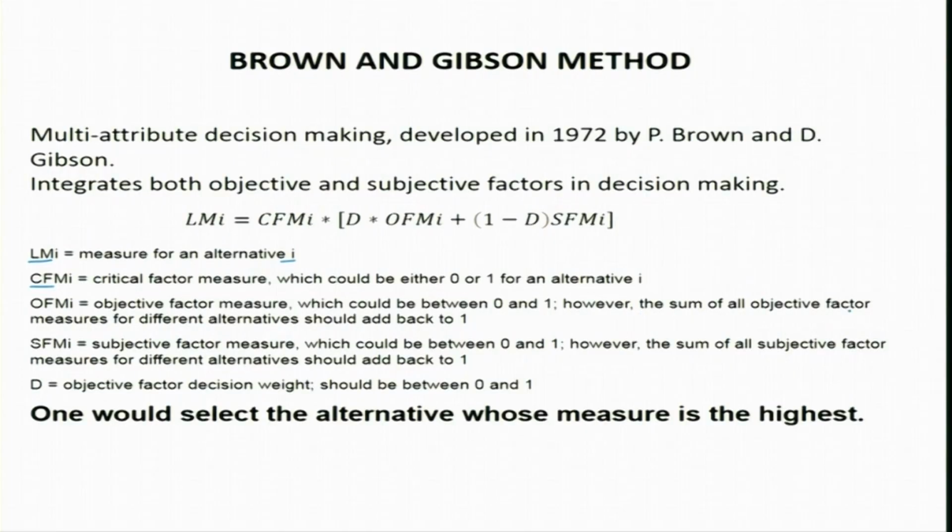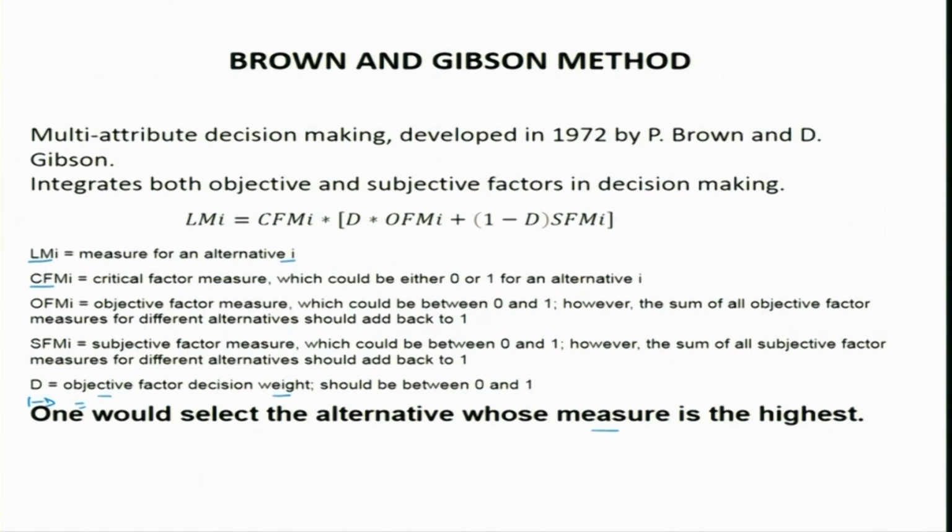However, the sum of all objective factor measures for different alternatives should add up to 1. Similarly, SFM measures the subjective factors, and D is the weight given to the objective factor, and 1 minus D is the weight given to the subjective factors. We select the alternative for which the LM value is the highest.